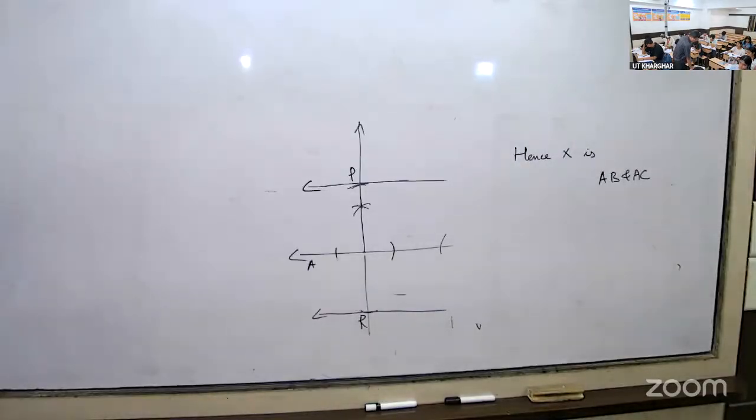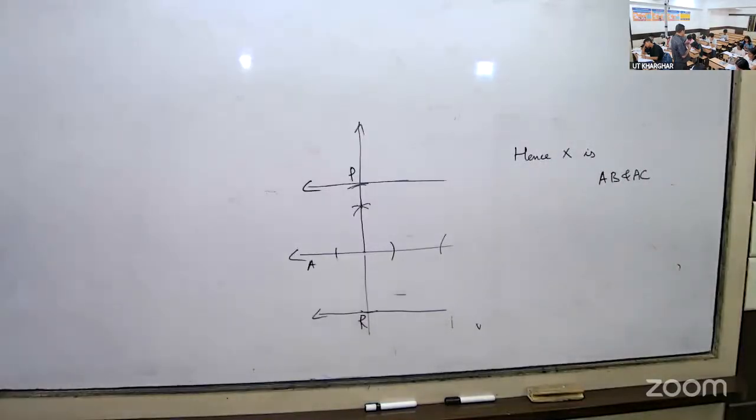Second part. PQ is the perpendicular bisector of AC. Reason: given.